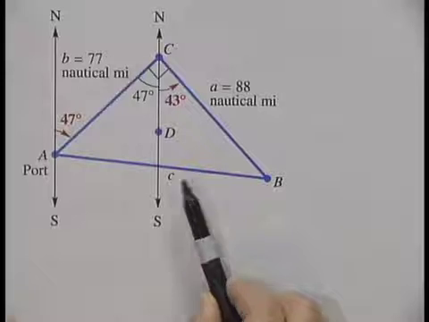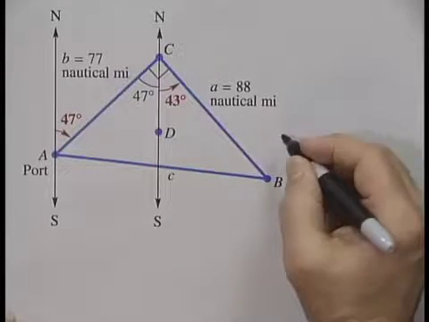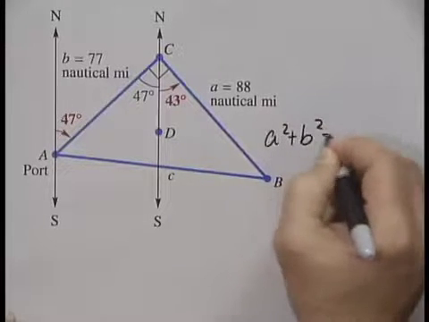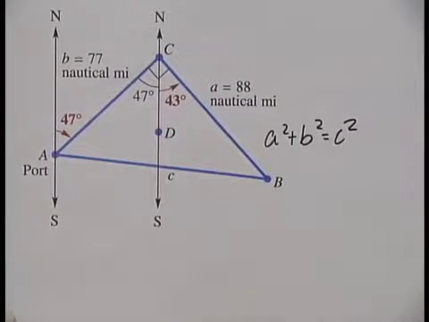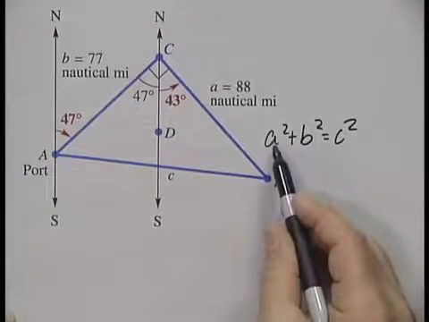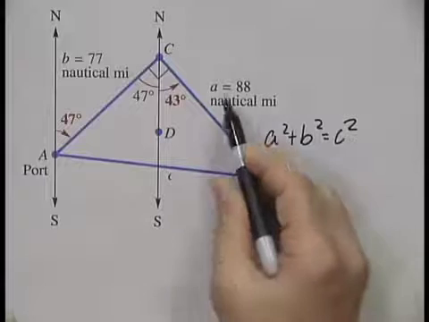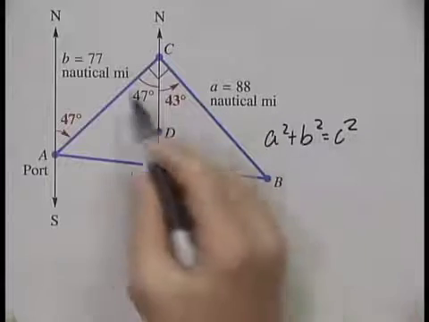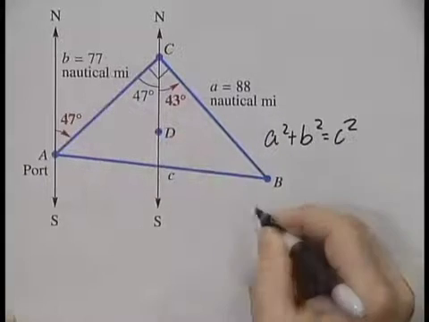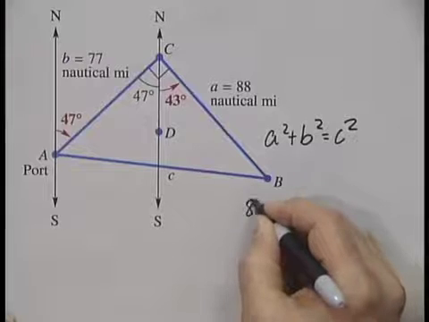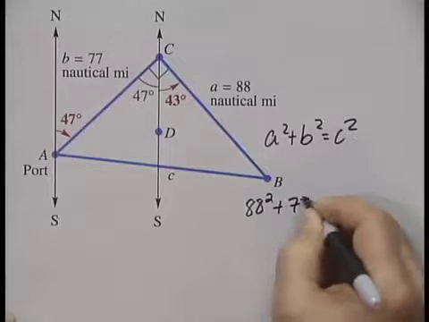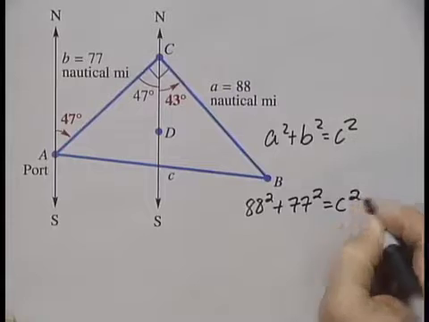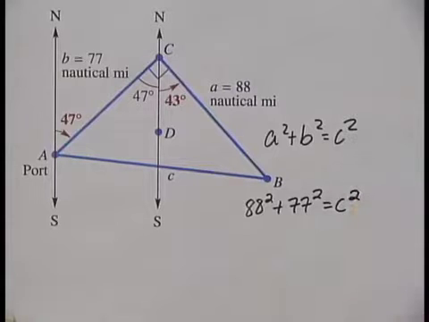We're going to use the Pythagorean theorem that tells us a squared plus b squared equals c squared. And so substituting in, we would have 88 for a. For b, we would have 77. So we would have 88 squared plus 77 squared equals c squared.